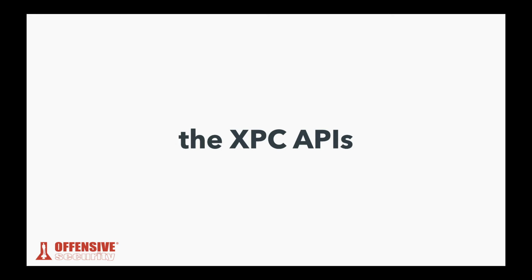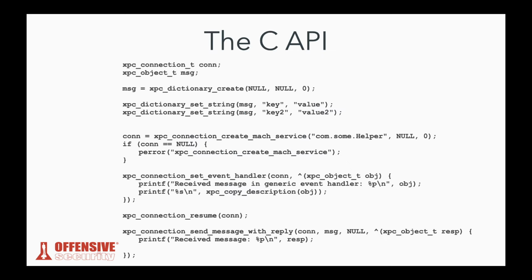So let's quickly cover the XPC APIs that are out there. The first one, when XPC was introduced, was the C API. This is a very short sample code on the screen from a client.